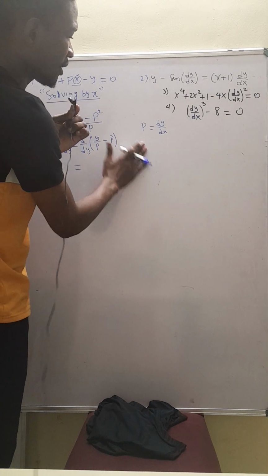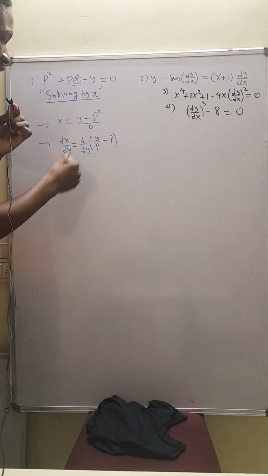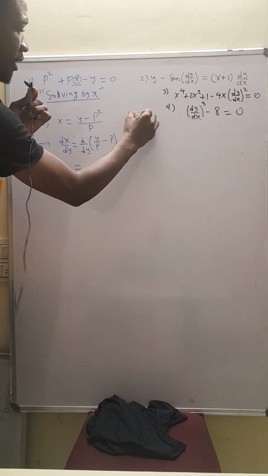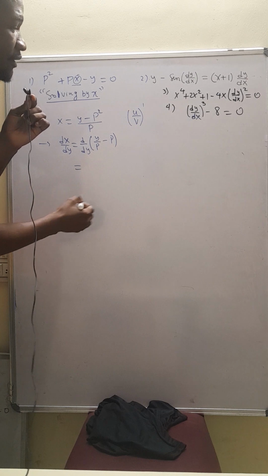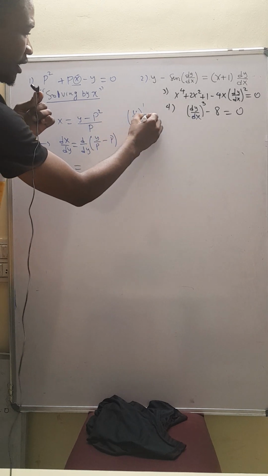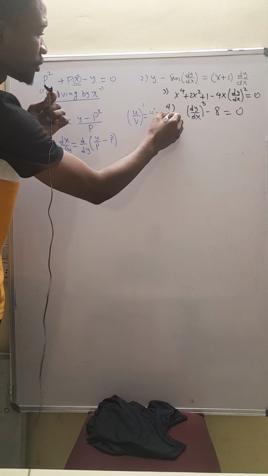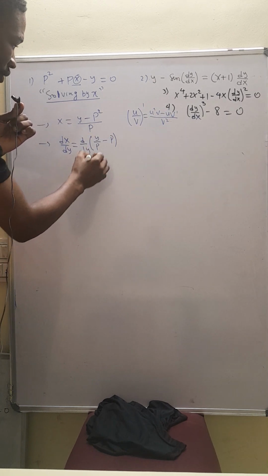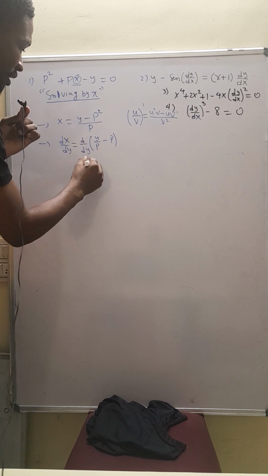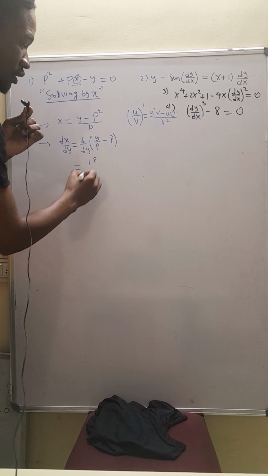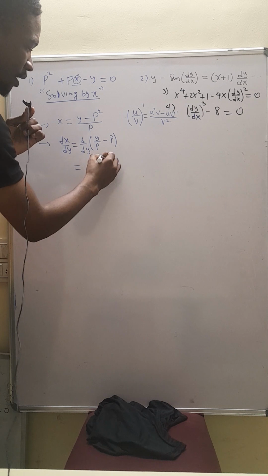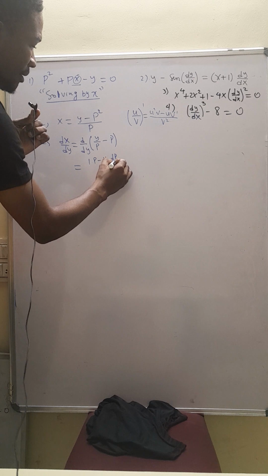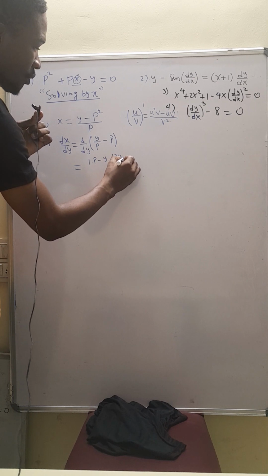Now that we understand this, let us apply differentiation to this. This will use the quotient derivative rule: u derived times v, minus u times v derived, all over v squared. So it will be 1 times p, minus y times the derivative of p, which is dp upon dy.